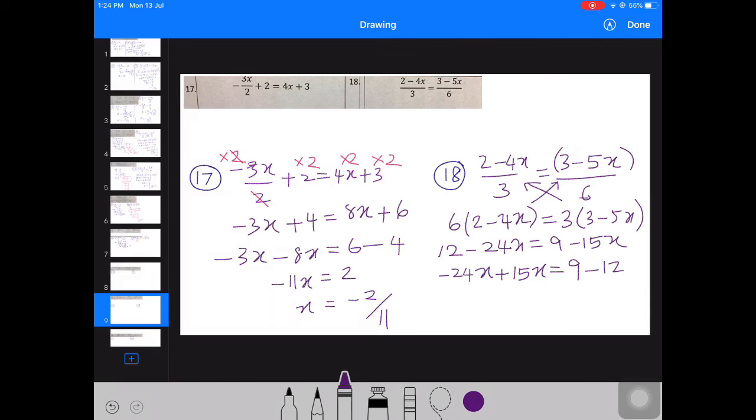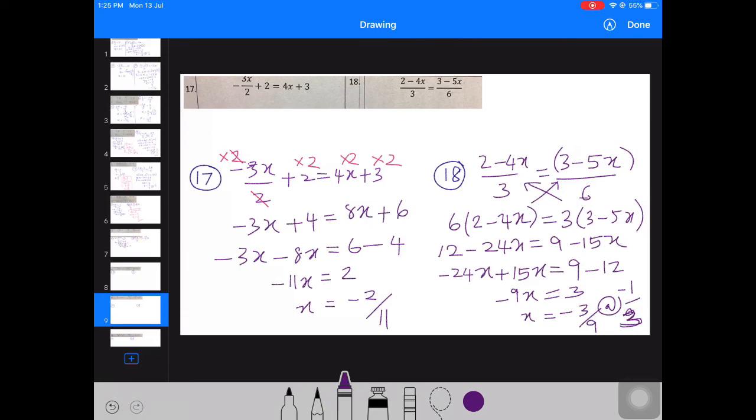So here we have negative 9x equals to 9 minus 12 is negative 3, so x equals to negative 3 over 9, or simplify, you get negative 1 over 3. Okay.